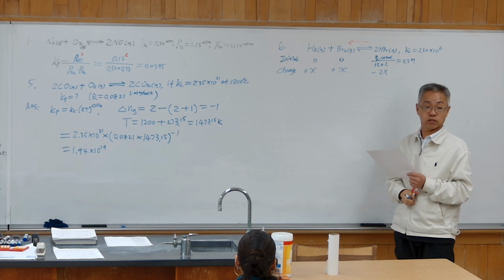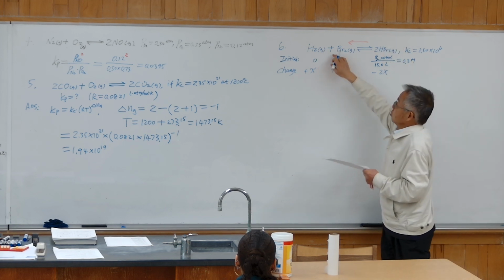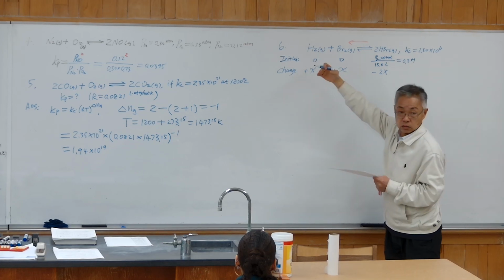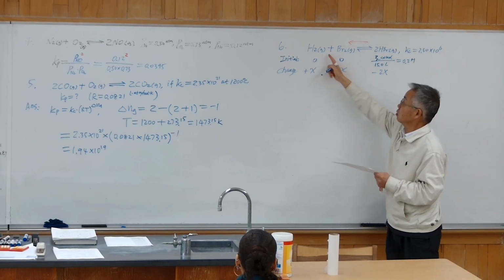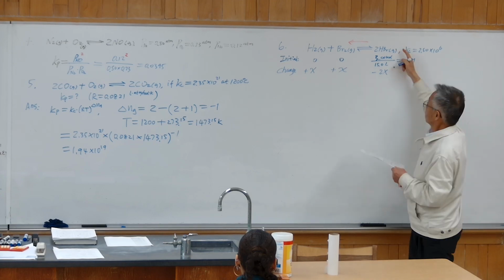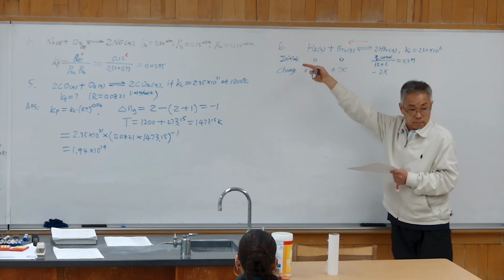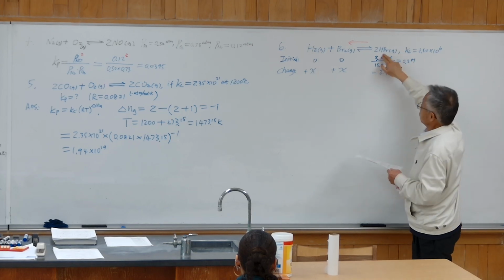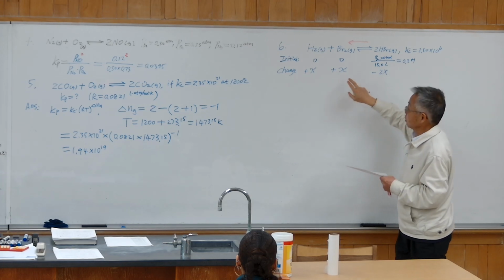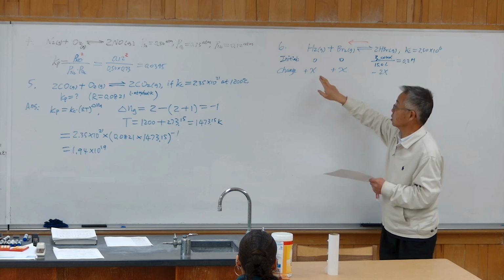You need to be careful because initially there is only HBr, no H2, no Br2. So this reaction must be the reverse reaction. You cannot go from left to right. So that's why HBr serves as a reactant, so this is negative, and H2 and Br2 serve as products, so this is positive.